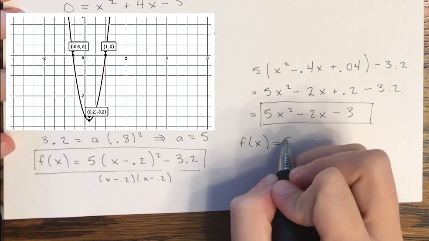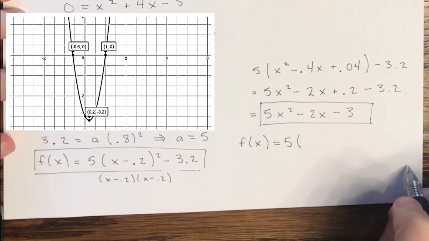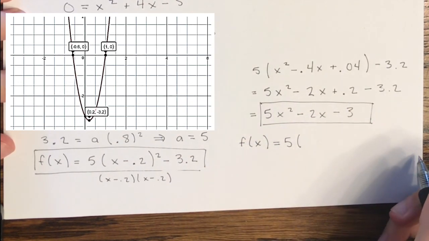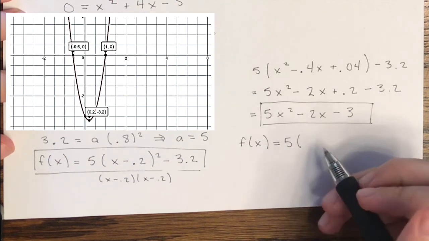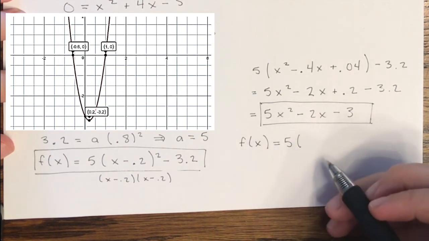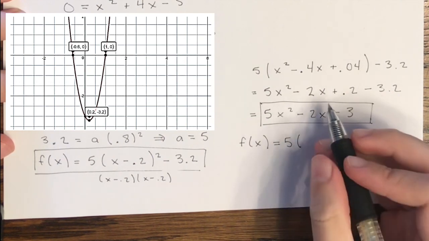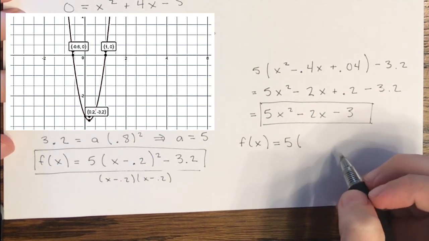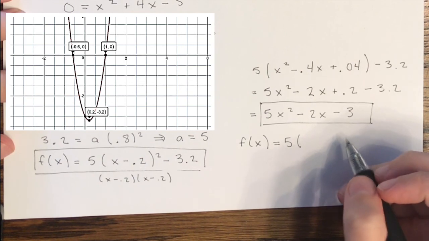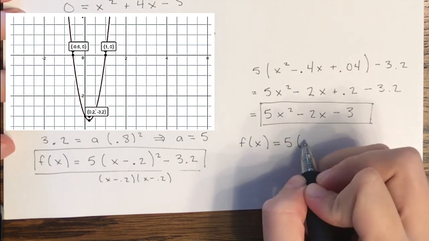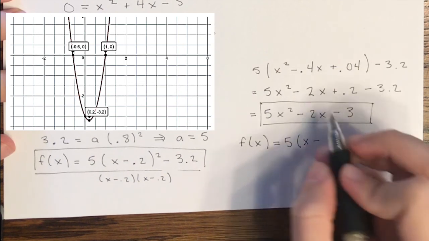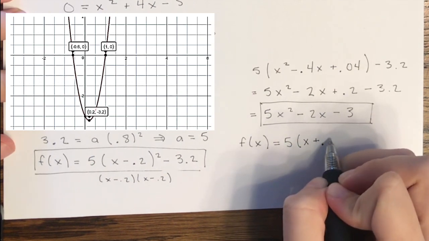So our leading coefficient we already know is 5. And then our roots, if we look at the graph, we have one root on the left at negative 0.6. It's passing straight through the x-axis, so it has a multiplicity of 1. So we have x minus negative 0.6, so plus 0.6.